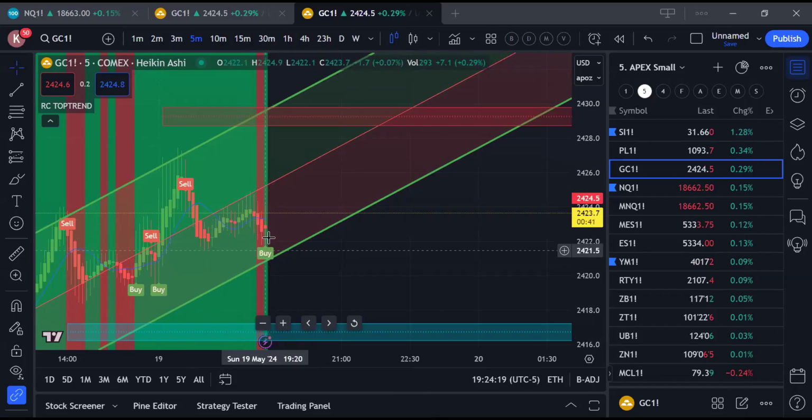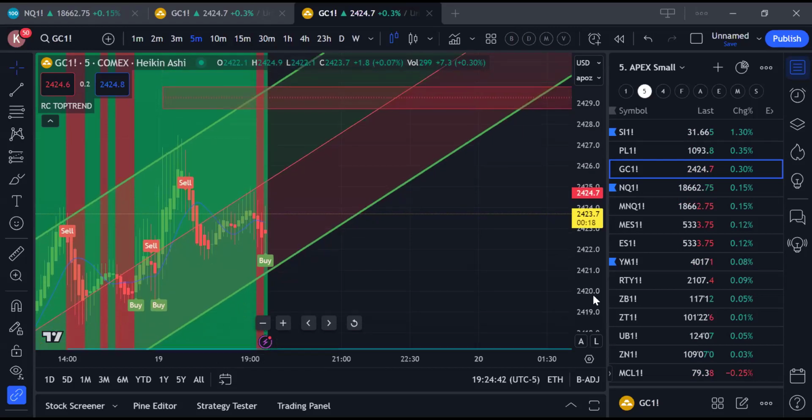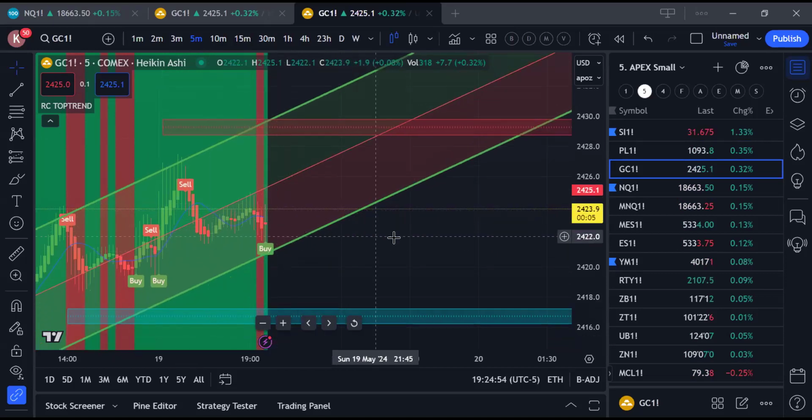When you get the buy, the first condition is the background should be green, which is good. The second condition is the candle color should turn to green. As of now, it is still like a red candle, more like a doji with a big wick at the top and a big wick at the bottom. So we are waiting for a green candle to take the buy. Mostly it will go up, but just for confirmation, we are waiting for a green candle.